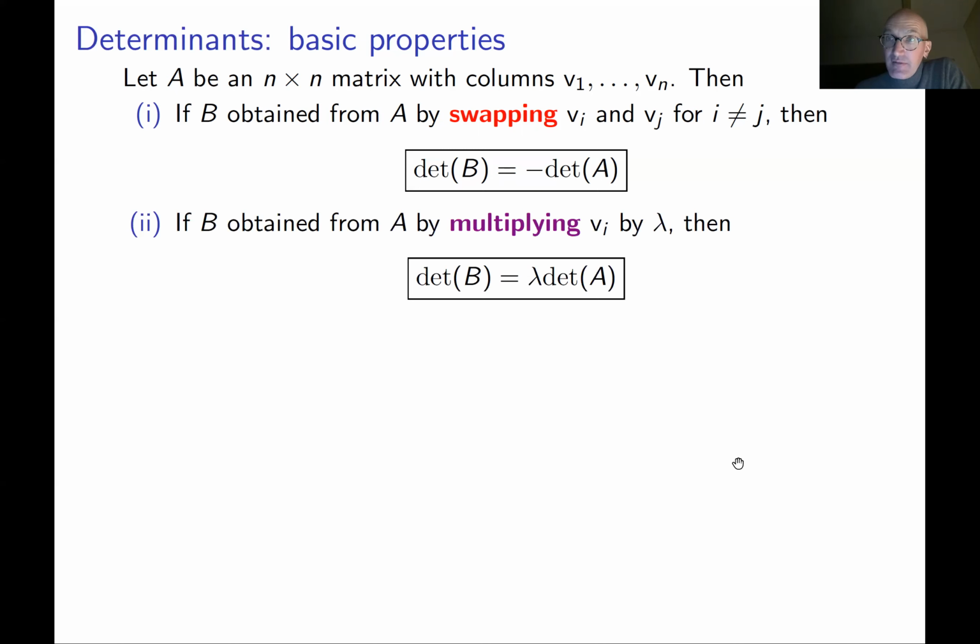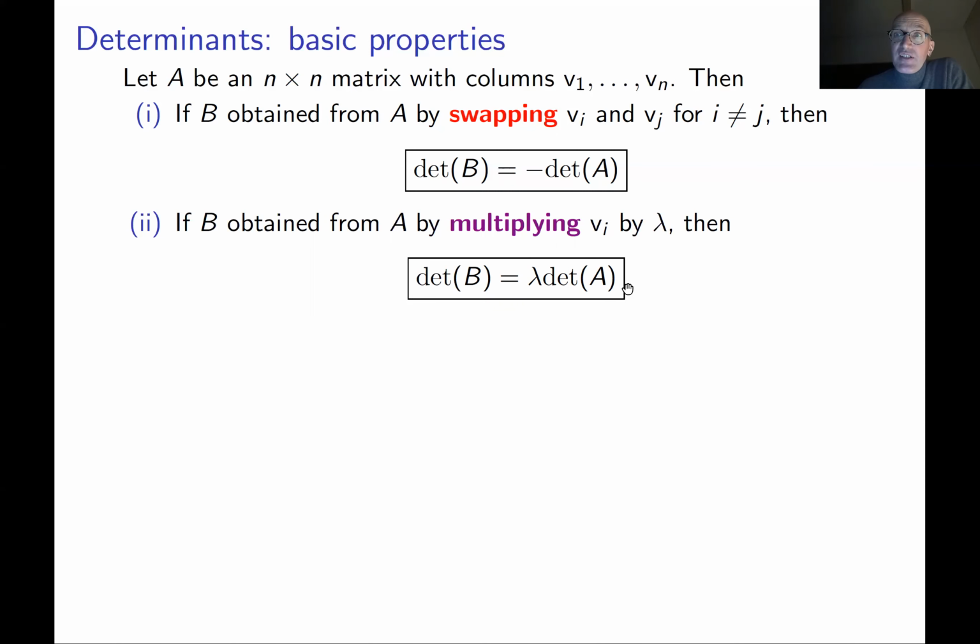The second important property of determinants: if you take any column of your matrix and multiply every entry of this column by lambda, by some number, then the determinant scales appropriately. The determinant of your new matrix is just lambda times the determinant of A. So in particular, if lambda is 0, if you multiply each entry of some fixed column by 0, the determinant of the new matrix must be 0.